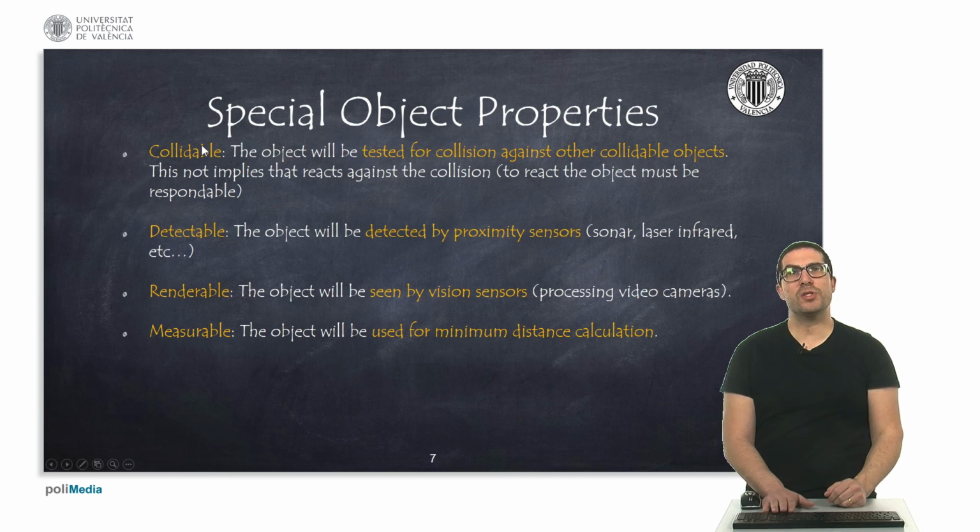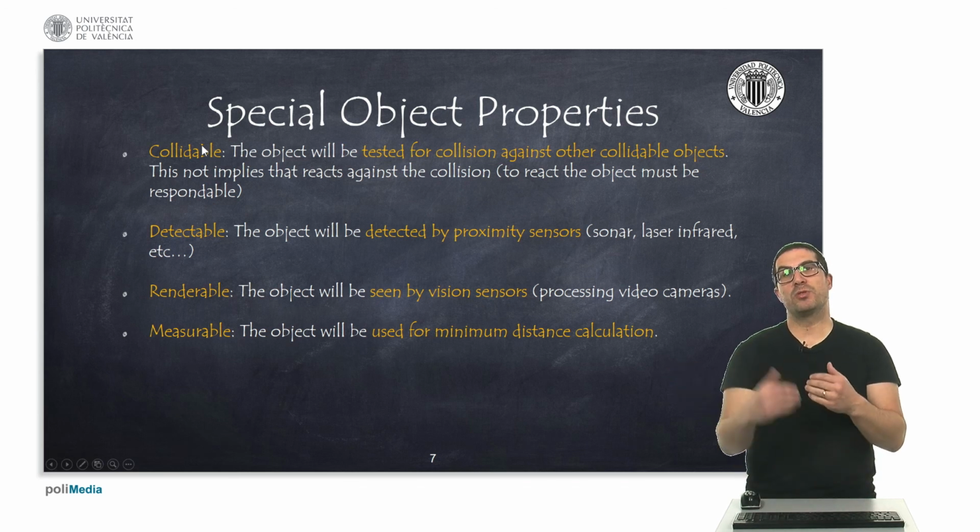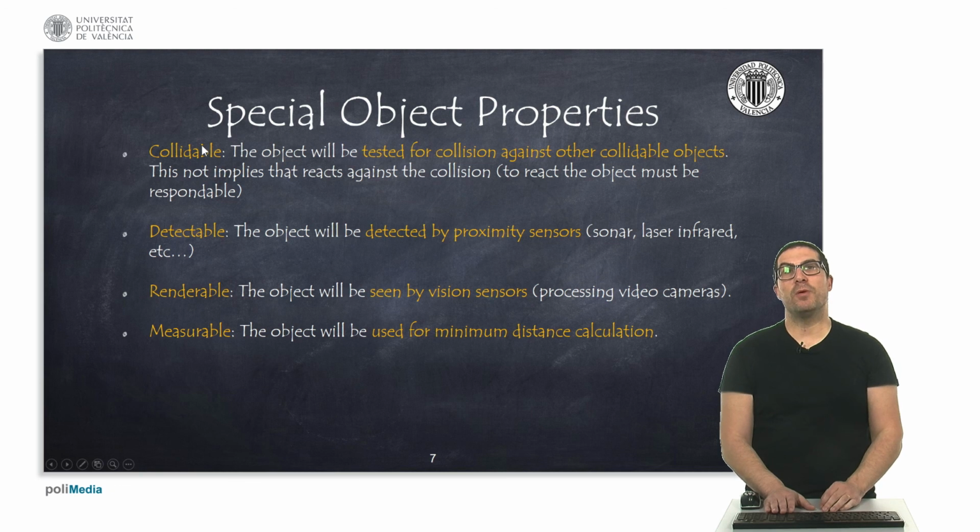Also, a detectable object will be detected by proximity sensors. If we activate this property, proximity sensors such as ultrasonic, laser or infrared can detect the object and will provide the distance from that object to the robot or to the sensor. Another property is the renderable property, which means that these objects can be seen by vision sensors.